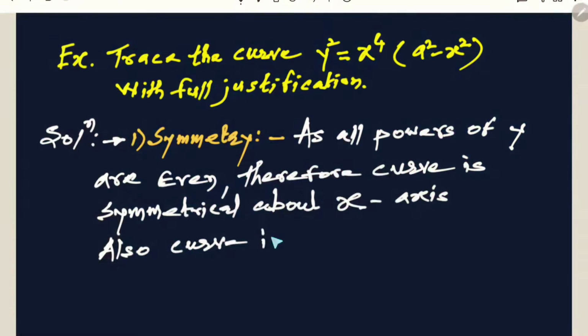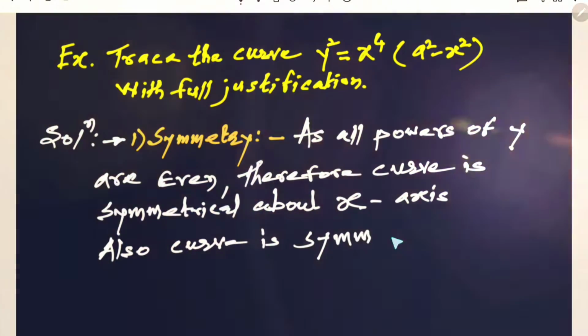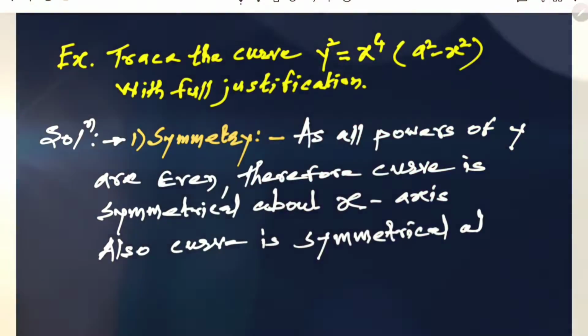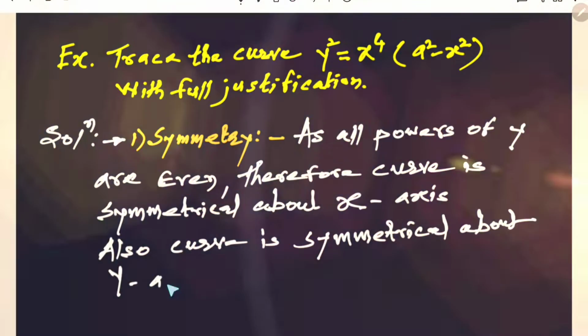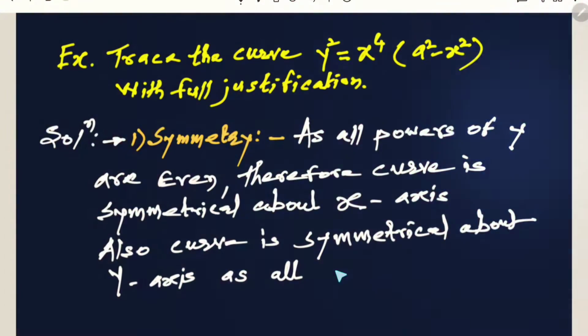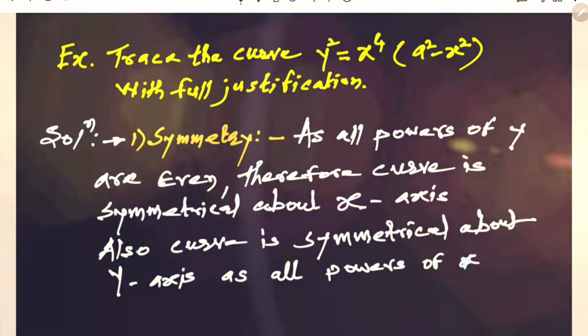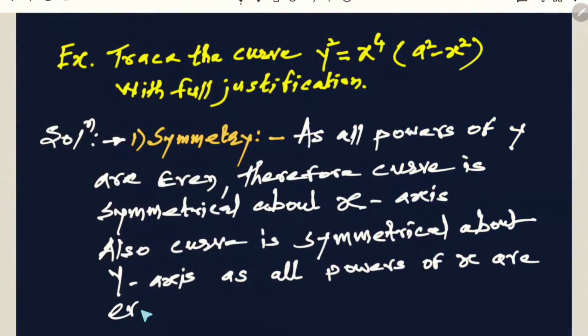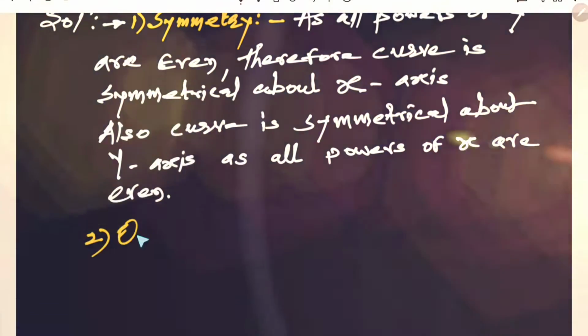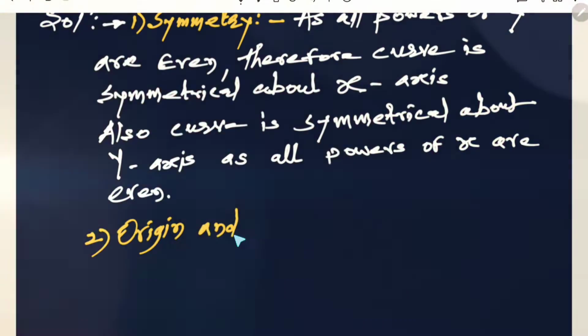Therefore, the curve is symmetrical about y-axis also. Means the curve is symmetrical about x-axis as well as y-axis. This is the first point. Whenever we have to draw the curve, it must be symmetrical about x as well as y-axis.